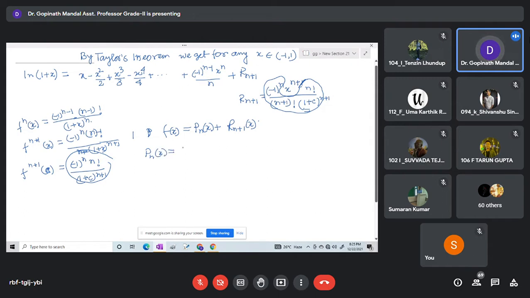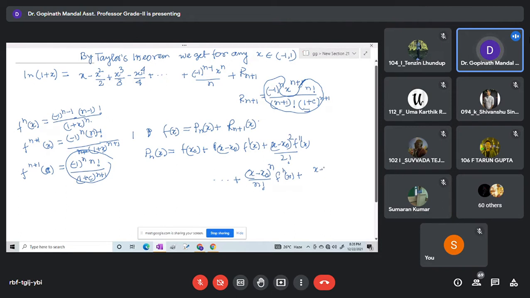Pnx is equal to fx0 plus x minus x0 f dash x0 plus x minus x0 square f double dash x0 by factorial 2 and so on, x minus x0 to the power n by factorial n fn x0 plus the remainder term.